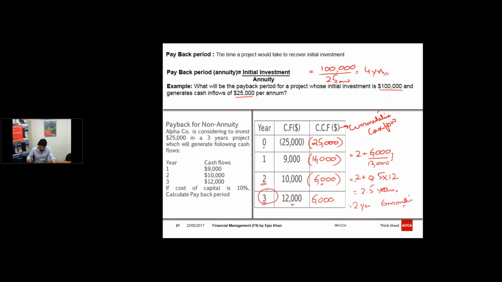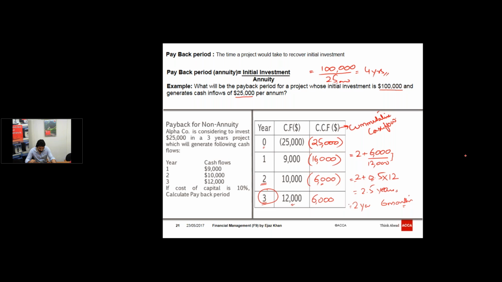Okay. Now we have got two problems with this payback period. One problem is that it did not consider the time value of money.